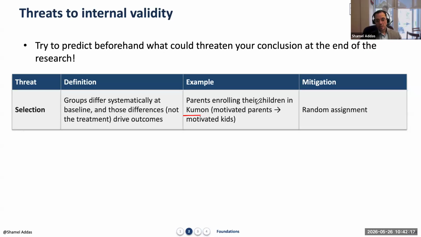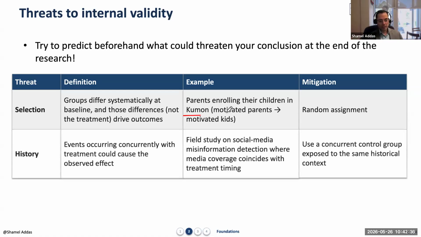That's a selection bias, because it might not be Kumon's effect, but other things. Maybe because the parents chose their kids to attend the Kumon classes, that means they're more motivated, maybe they provide them more support, they do other things that you haven't measured and you're not aware of. So that could confound the effect.